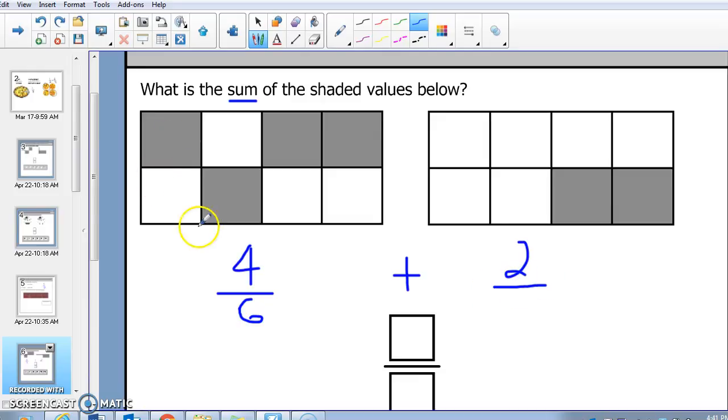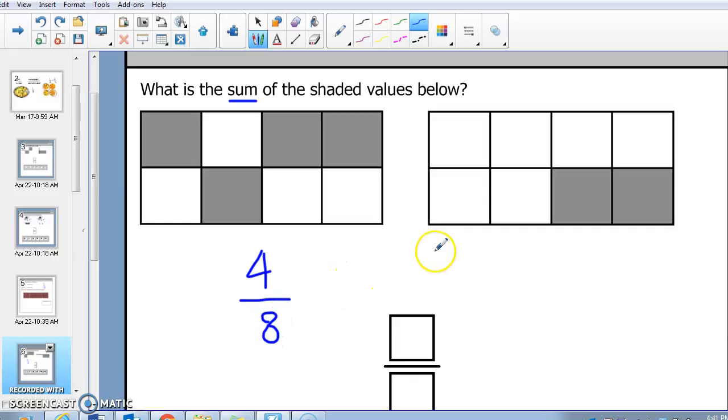Oh, you know what? 1, 2, 3, 4, 5, 6, 7, 8. I miscounted. 4/8. Sorry about that. 4/8 plus 2/8 is going to give us how many eighths?